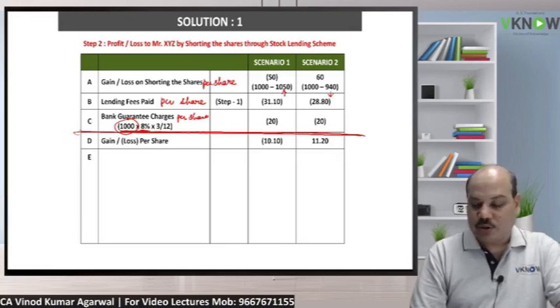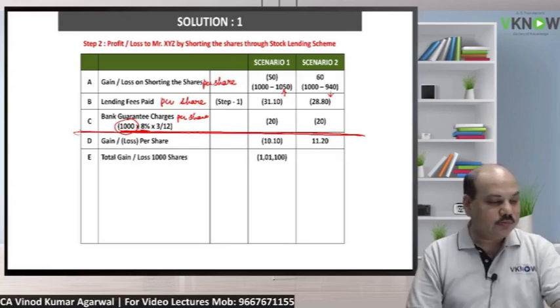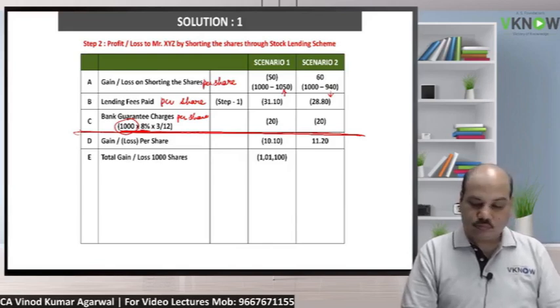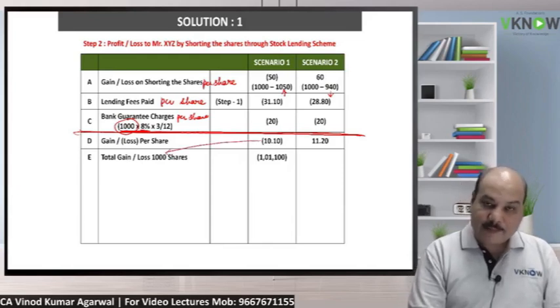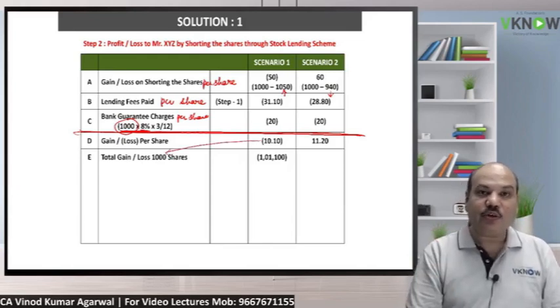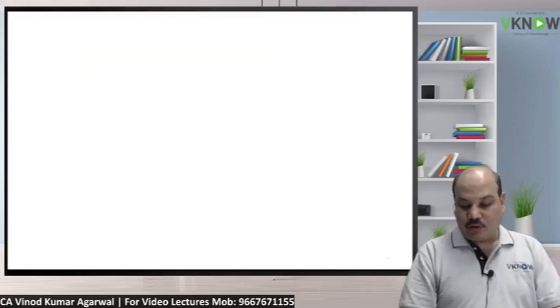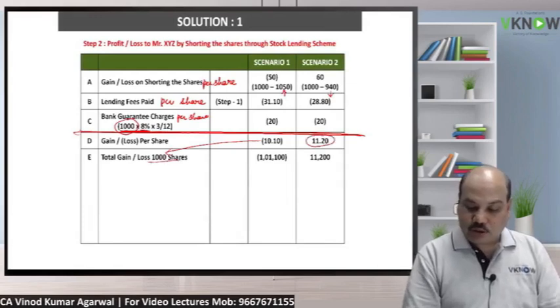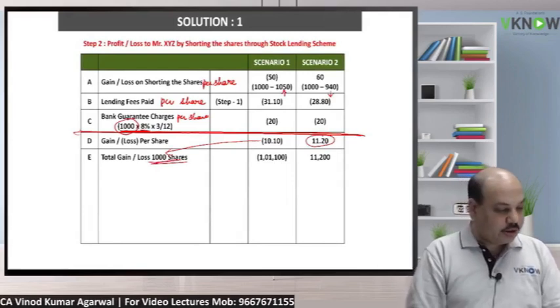Total gain or loss on 1000 shares, multiply 10.10 into 1000, 1,01,100, and 11.20 into 1000.